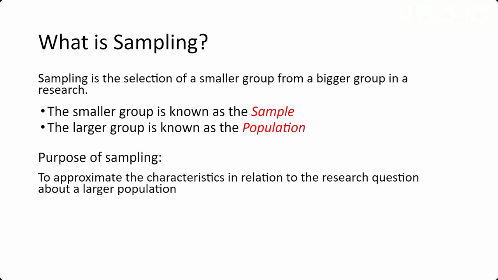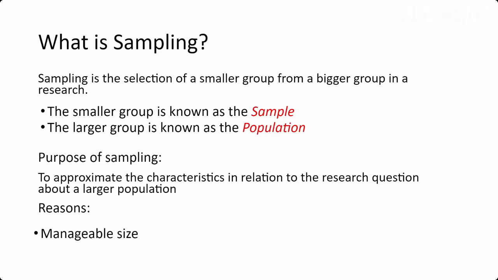There are several reasons why you have to do that. One is to make your group a manageable size. Imagine if you had to research on university students in Zambia. I think there are about now 52 to 60 universities in Zambia.